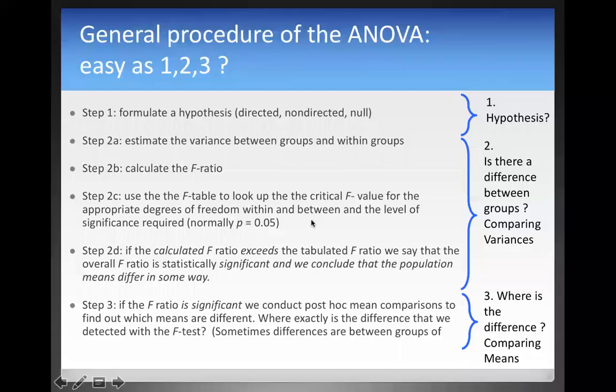Yes, and then once you're there, you calculate the differences between the groups, and for that purpose you go into the post-hoc comparisons. So that folder is important as well.